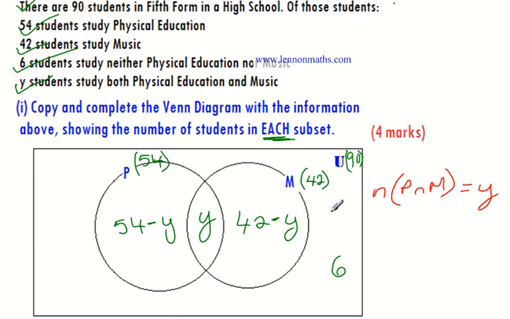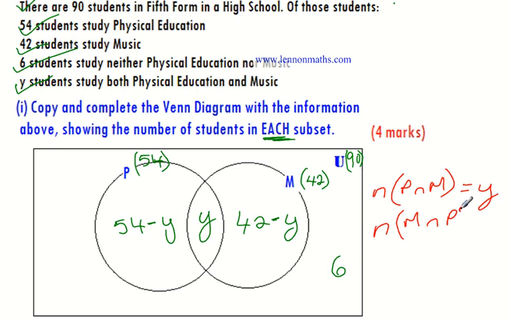What about this region here? Well, it's the number of students in M intersect, and we're going to put the complement on P. That means we're leaving out P. So in the set M, we're going to leave out P, because it's the region we want.